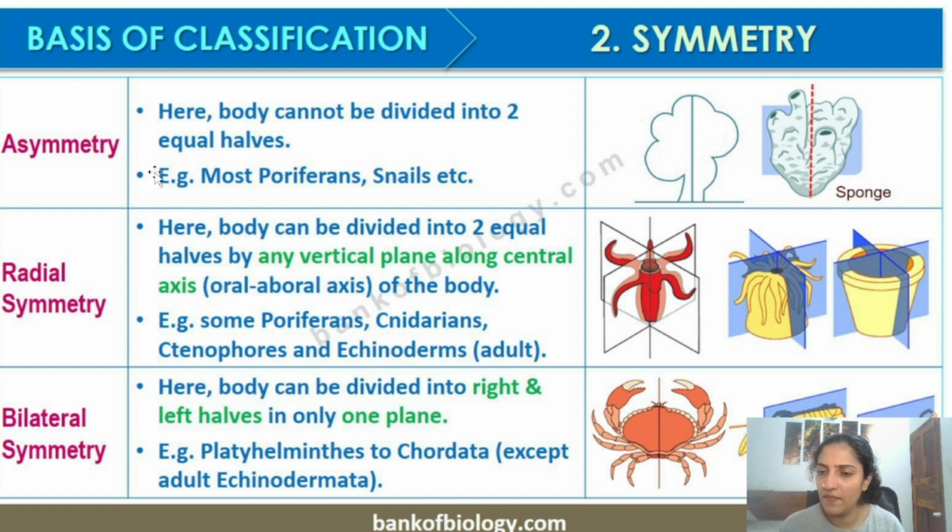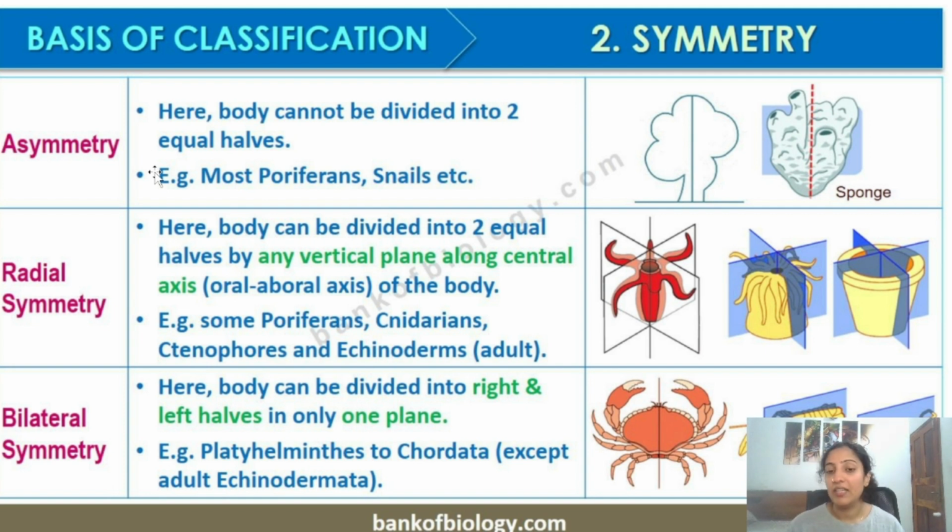Can you imagine dividing a snail which holds a beautiful shell outside? Will you be able to divide it? No, it's not possible for us to divide a shell into equal parts. So if it cannot be divided into two halves, then you can call it asymmetry. So asymmetry is mostly shown by poriferans.